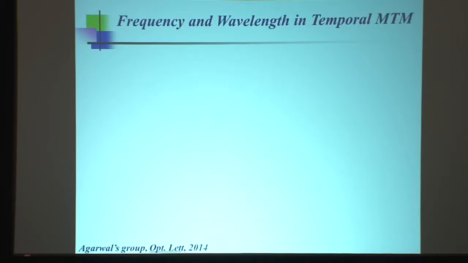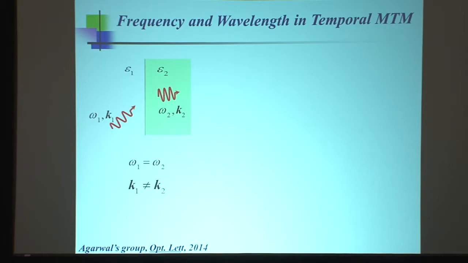But another interesting condition is the relation between frequency and wavelength in temporal metamaterials. Again, if I take you back to the very well-known case of Fresnel reflection and refraction, we know that if you have 2 media in space and we send a wave with a momentum k1 and frequency omega 1, when this wave enters the other medium, obviously it has the same frequency for a linear medium. But the wave number would be different, and the wavelength would be different because the phase velocity changes.